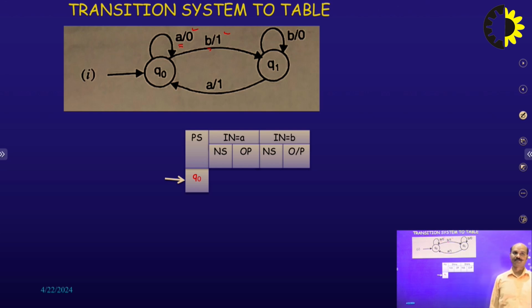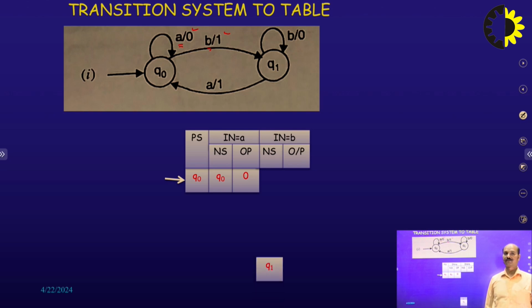If Q0 gets input A, it reaches Q0, and what output is produced? That is 0. So we write 0 here. If Q0 gets input B, it reaches Q1, and what is the output? Output is 1. Then the other state is Q1.